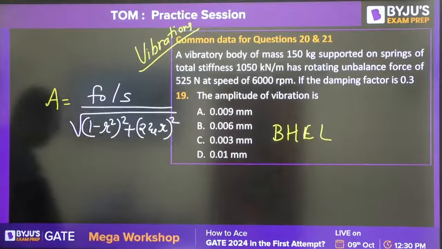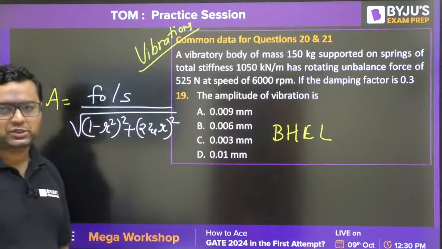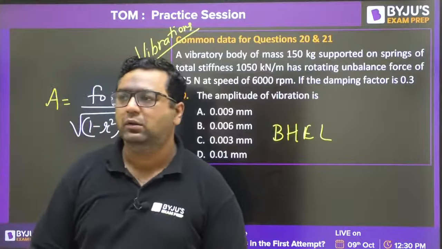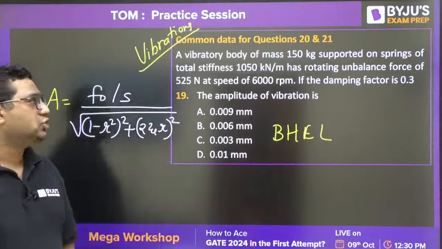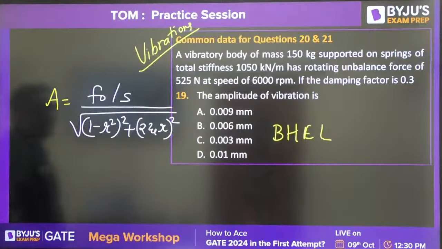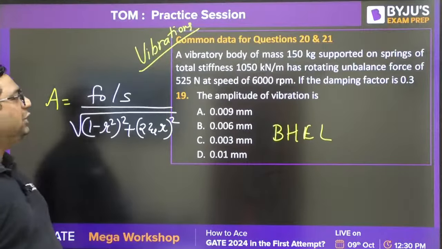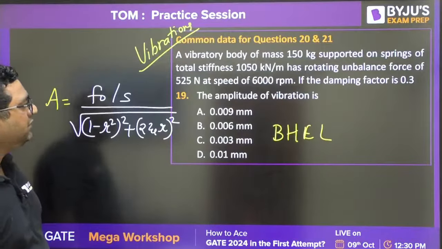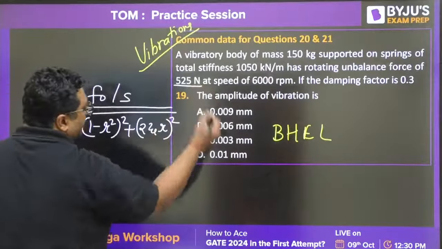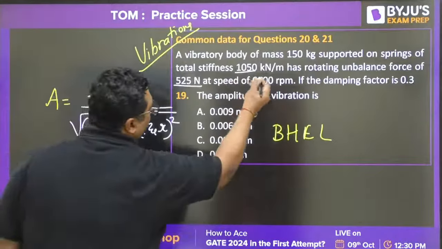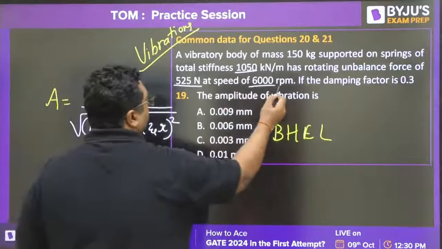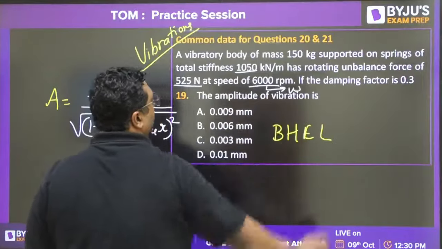After that we have one more question. Solve it, guys. The formula is in front of you. You just need to put the values. It is mentioned that F naught is 525. Stiffness is this one. Speed is given. Speed will help you to find out omega.